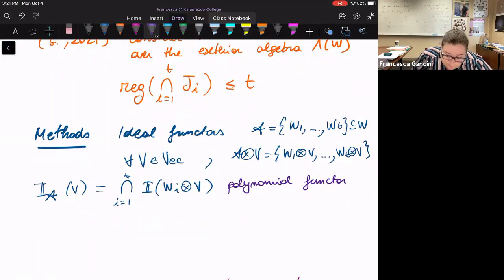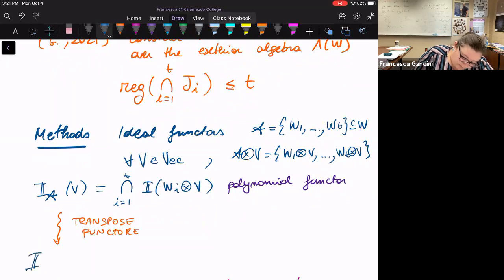And we can then use a transpose functor to consider the same ideal functor, but now in the exterior algebra.